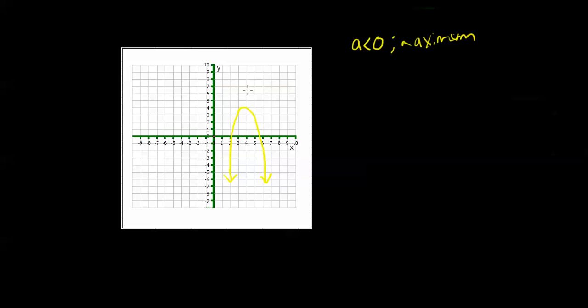So we can see that when the parabola opens downward, our vertex is going to be at the highest point, so making it the maximum. So the y value of the vertex is the maximum. So the maximum for this graph would be 4.